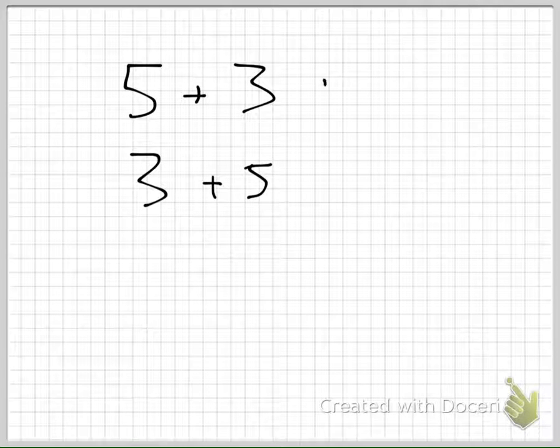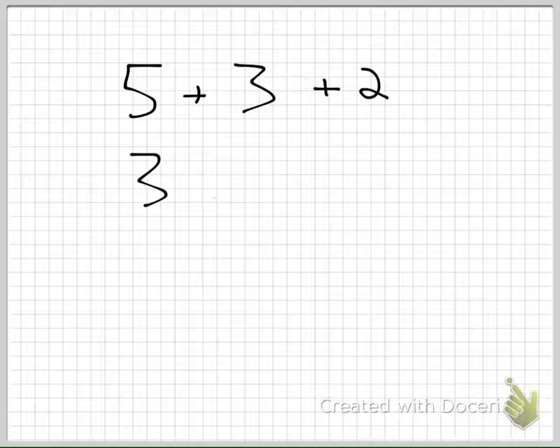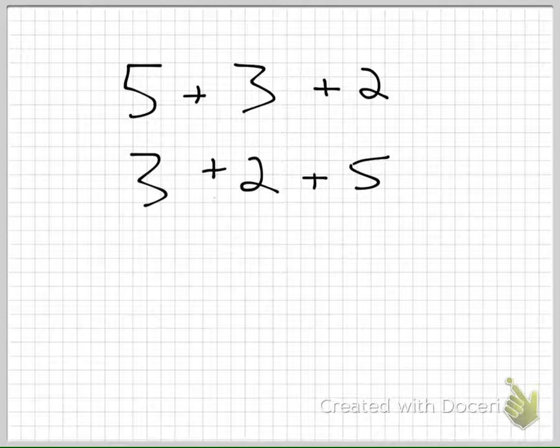What if I have 5 plus 3 plus 2, and then over here I have 3 plus 2 plus 5? What's the answer? They're both 10. One thing you're allowed to do is, if you have a string of addition or subtraction, we've already talked about this. What is subtraction?